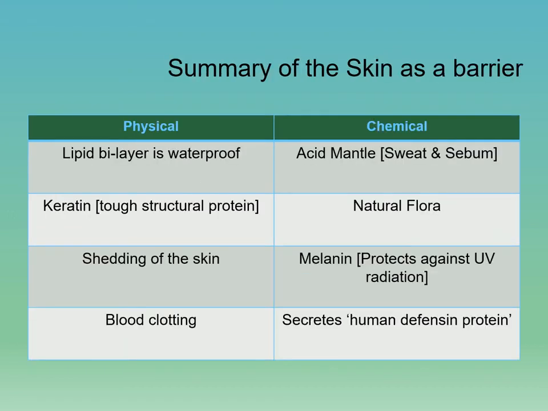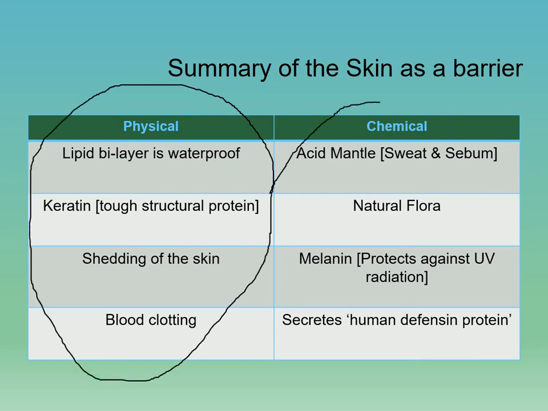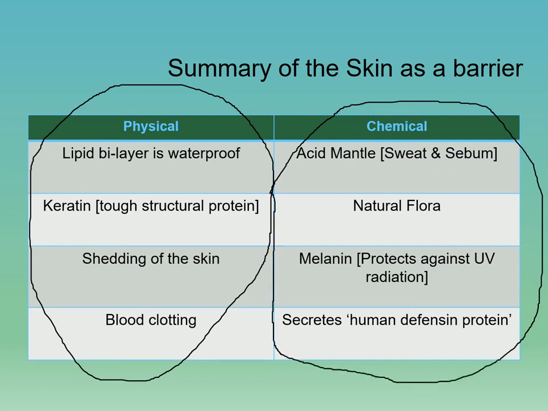I thought this was useful because it's a summary of the skin. Now, I'm not going to talk in detail about the skin, but the skin has some common sense properties because, you know, we have skin, we can see it, we can touch it, we can relate to it in terms of how it protects us. If you want to go into this, by all means do so. I'm not going to go into more detail than what you can see on the screen, but it's got a waterproof layer.